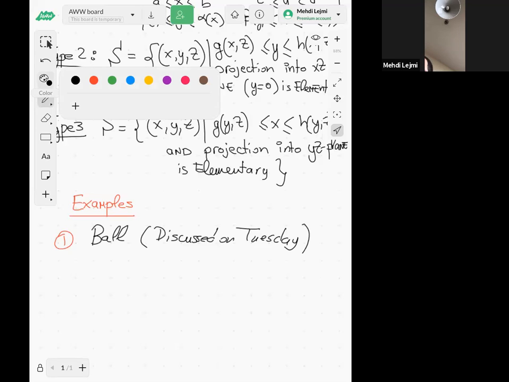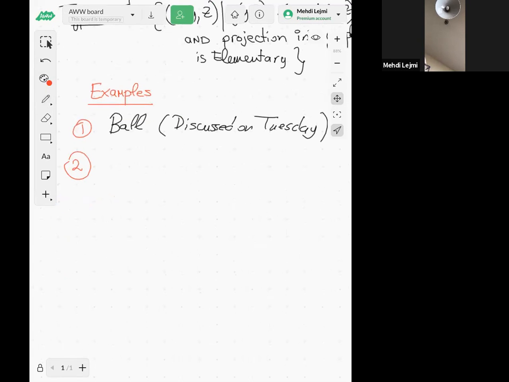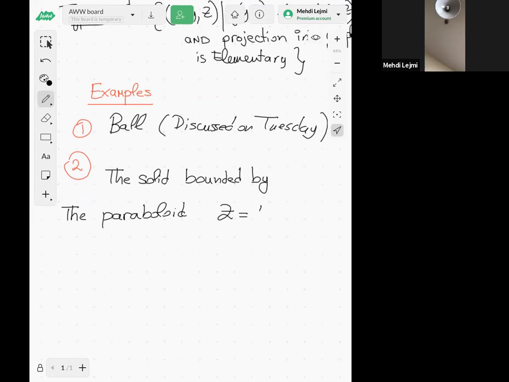Now, the next example, example number 2: let's say you have the solid bounded by the paraboloid z equals 4 minus x squared minus y squared, and the plane, let's say the xy plane, so the plane z equals 0.